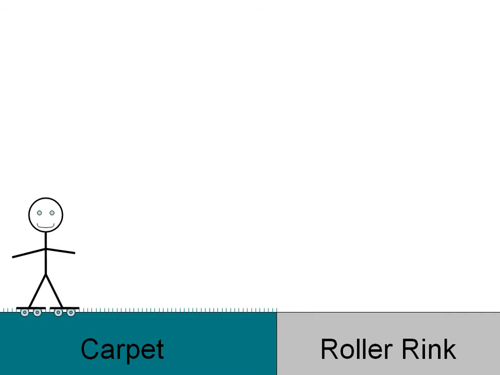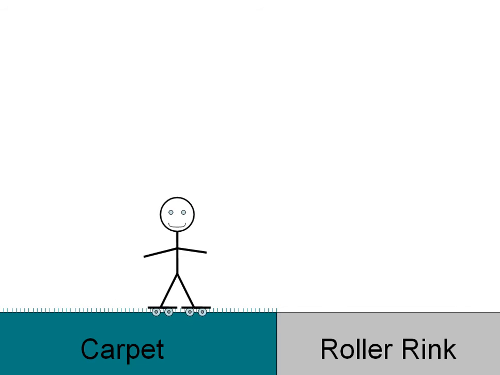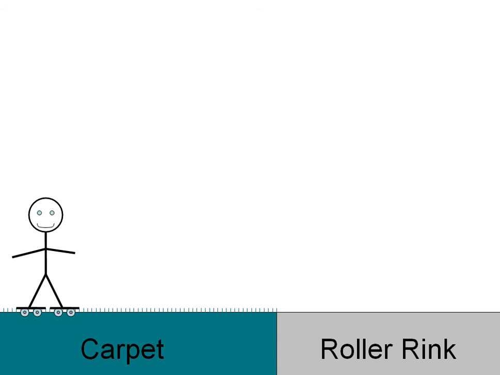I also enjoyed roller skating as a youth. The first time I went to a roller rink, I had never been on roller skates before. And they give you the roller skates, and they have a little carpeted area for you to put them on. So I practiced, and I went back and forth on the carpet to make sure I could skate without falling before going on to the roller rink.